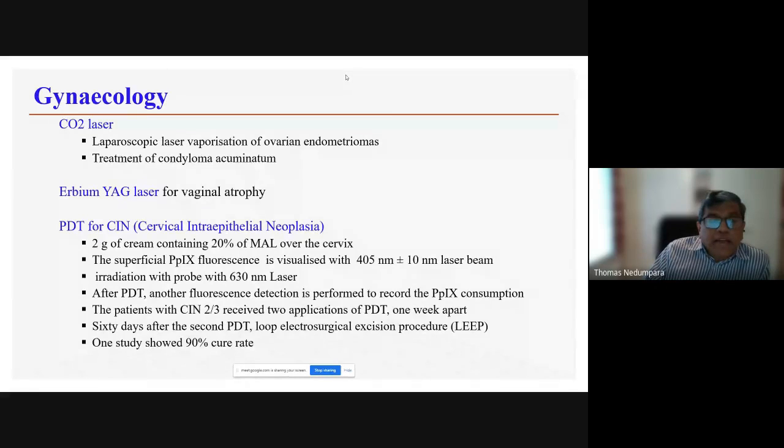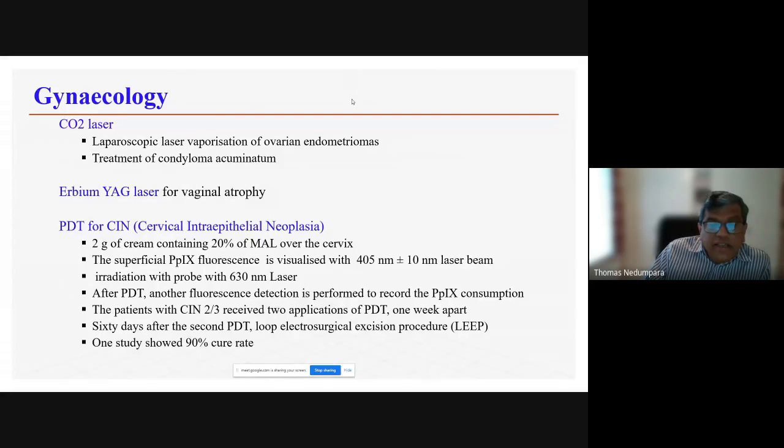But here I mainly want to talk about photodynamic therapy for cervical intraepithelial neoplasia, which is a precancerous condition and can lead to carcinoma of the cervix. Cervical intraepithelial neoplasia is divided into 3 groups or 3 phases, type 1 to type 3.